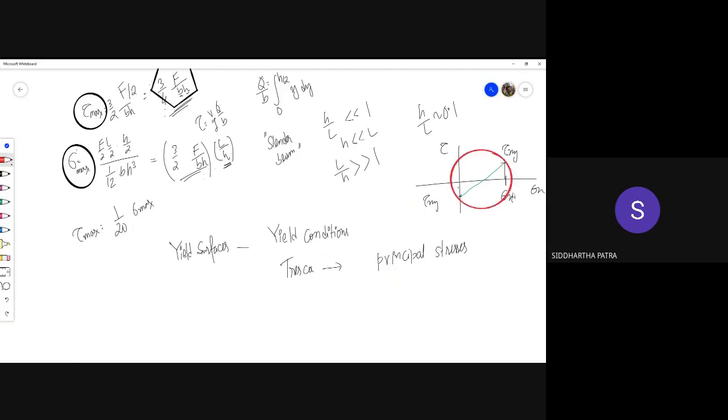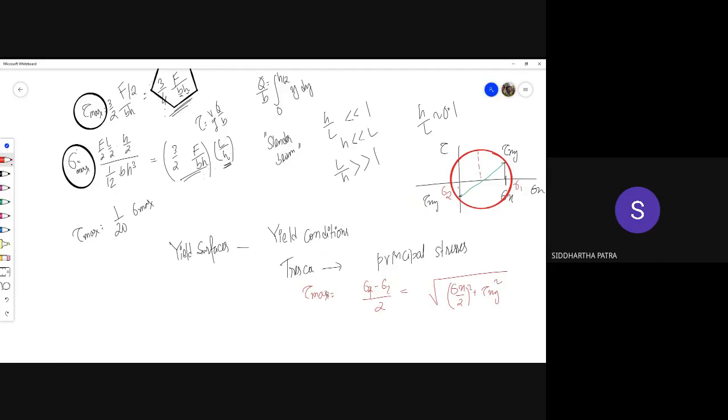And that is supposed to give you sigma 1 and sigma 2, or the maximum shear stress, or sigma 1 minus sigma 2 by 2, which is the square root of sigma x by 2 whole squared plus tau xy whole squared.